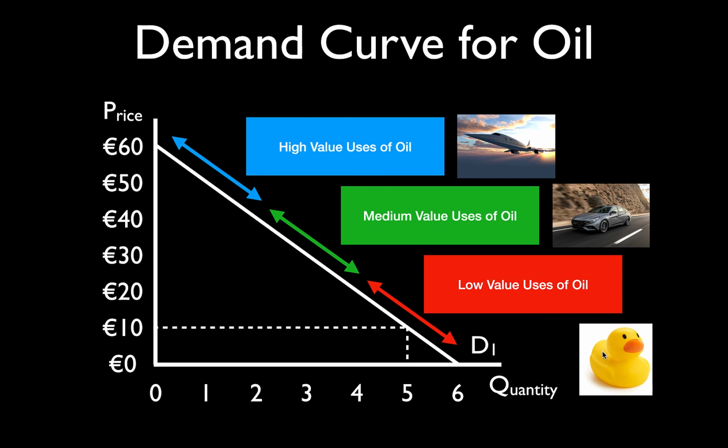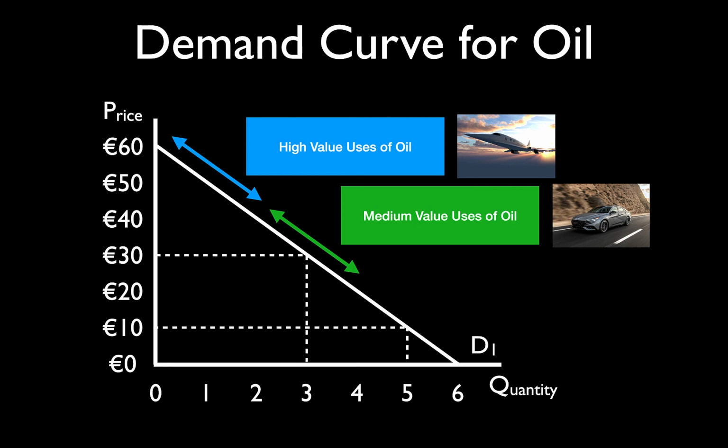I have no idea how much a rubber ducky sells for, but maybe it's €1 or something. But as the price of oil rises, the low value uses of oil are not profitable. So consumers of rubber duckies would have to pay a higher price. Therefore they may use a wooden sailboat or something in the bath next time they're having a bath.